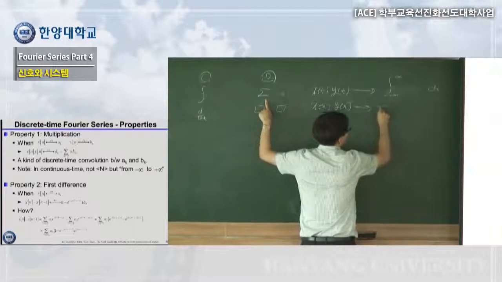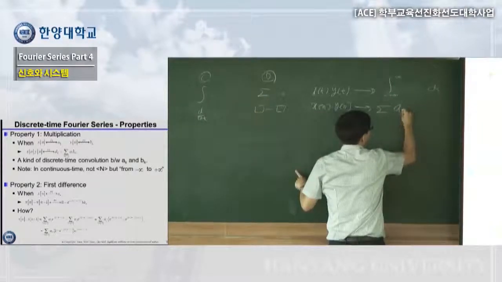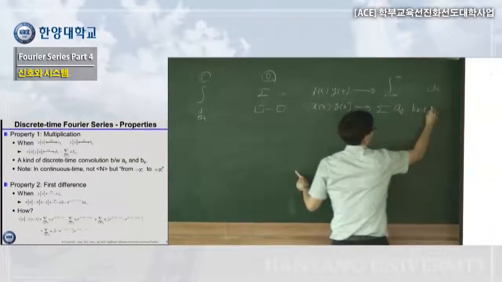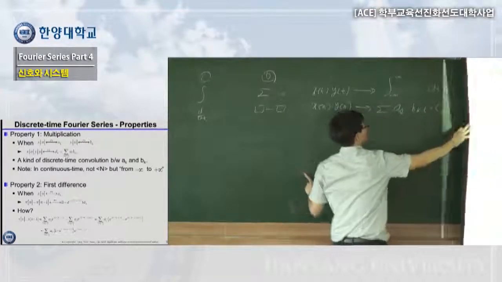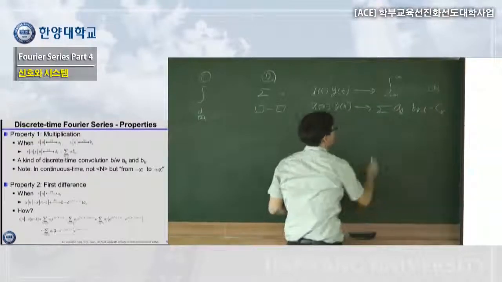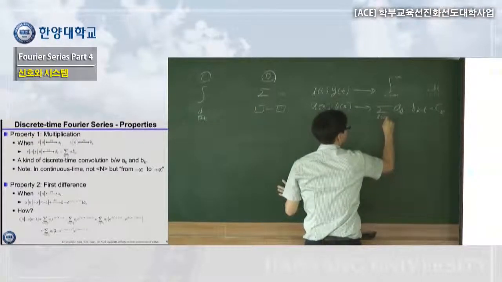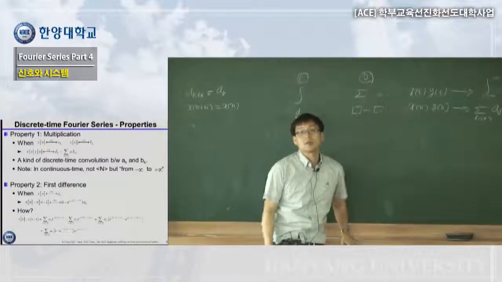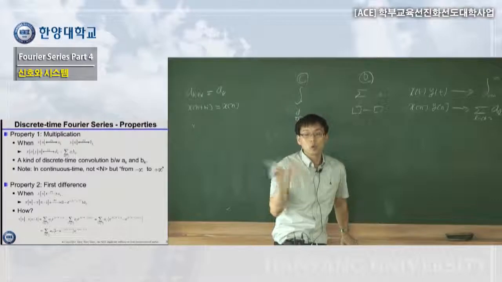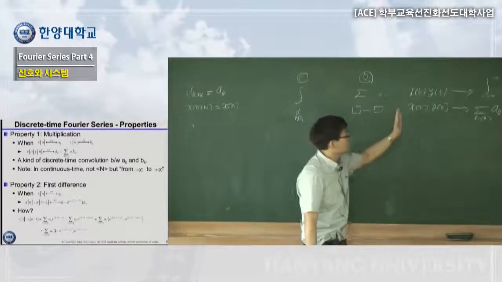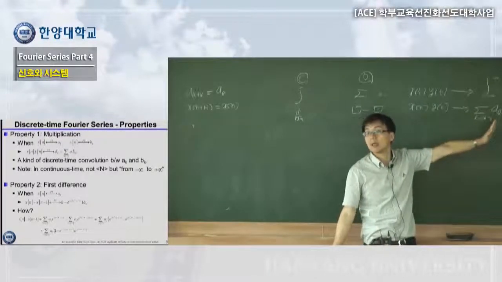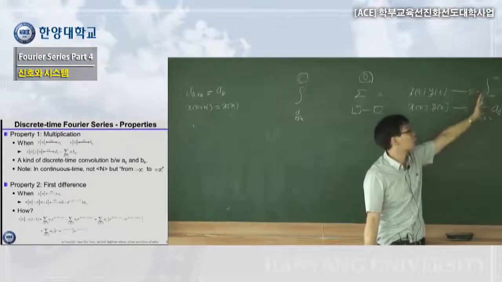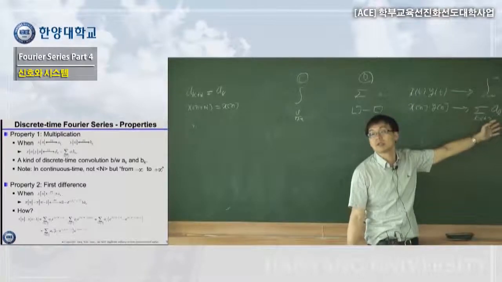So we sum a_l b_(k minus l) to find c_k. l is not infinite, but within a period N. That's the major difference. The logic will be the same: multiplication goes to convolution. But the way we represent the convolution in continuous time and discrete time is different.